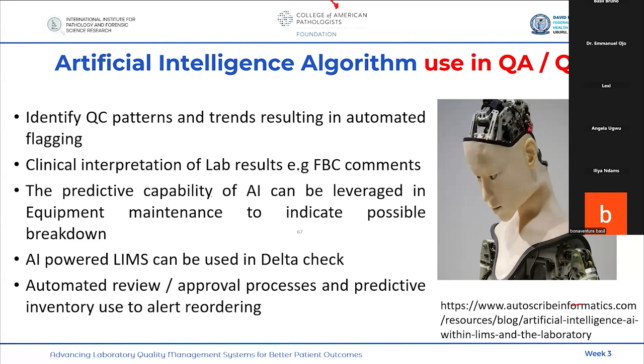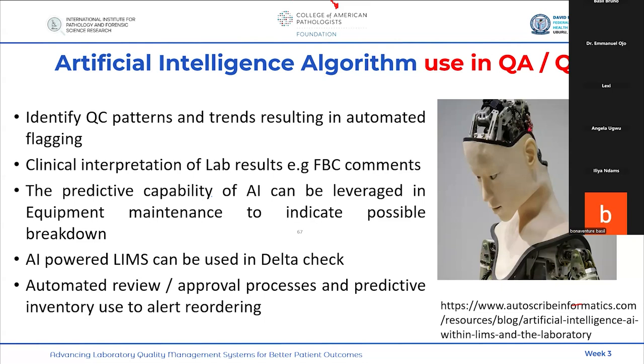The AI-powered LIMS can also be used in Delta check. Delta check is comparability of patient results, comparing the current results with the old results. I've experienced this: if it's a patient you have on the lab information management system or hospital information management system, with the identity matching, and let's say it's a patient being monitored for diabetes, and then you input a new glucose result.